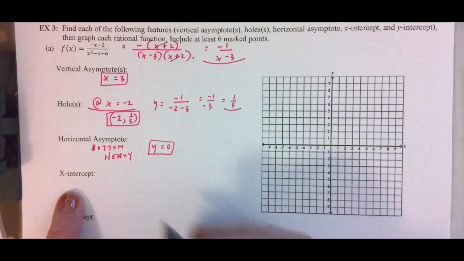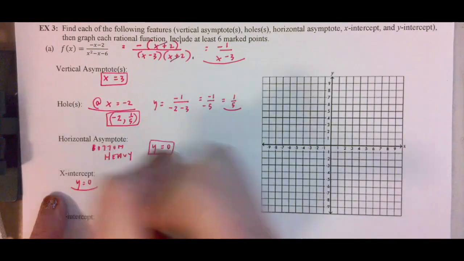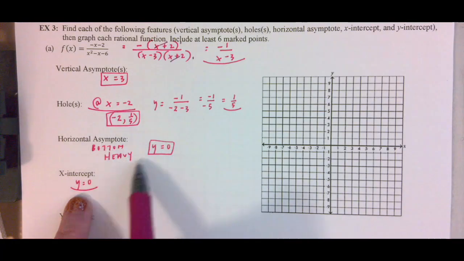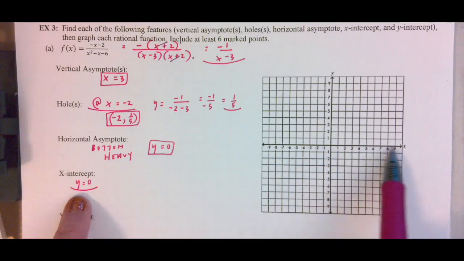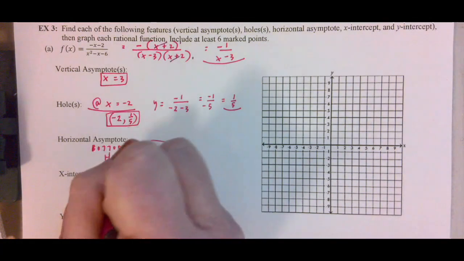Okay, x-intercept, that's when y equals 0. All right, so I want you to just think about this for a minute. If I have a horizontal asymptote right here, will I cross through the x-axis? No. So here, make a little note.